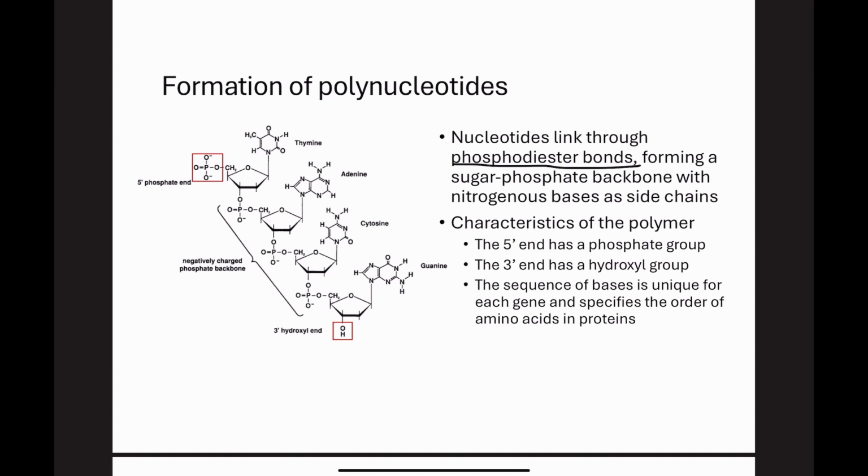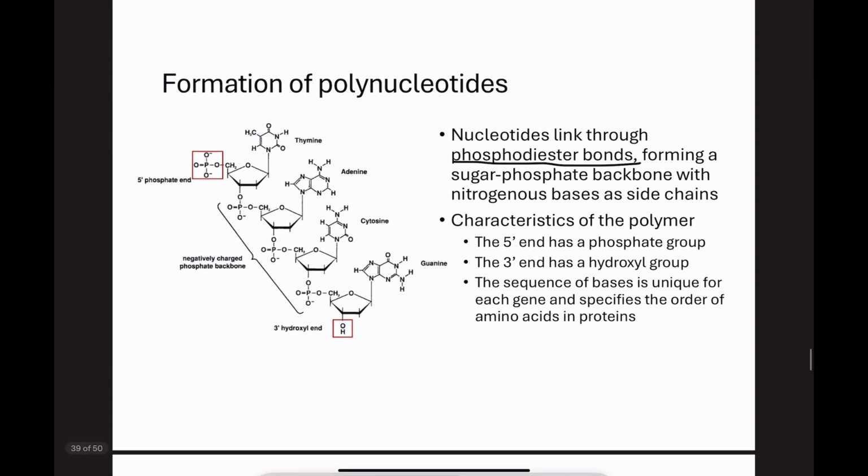And these phosphodiester linkages form between the hydroxyl group on the 3' carbon of one nucleotide and the phosphate on the 5' carbon of the next nucleotide. This results in a sugar-phosphate backbone that has nitrogenous bases as side chains.